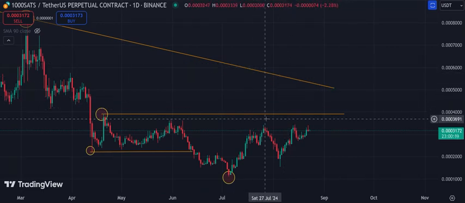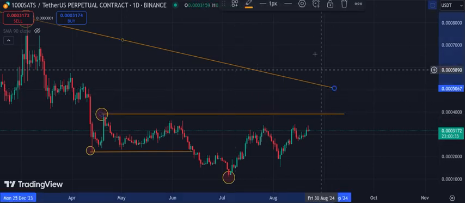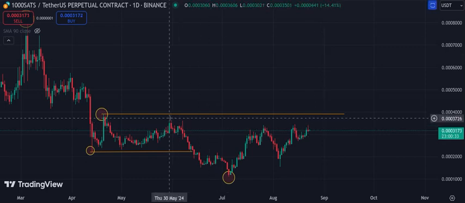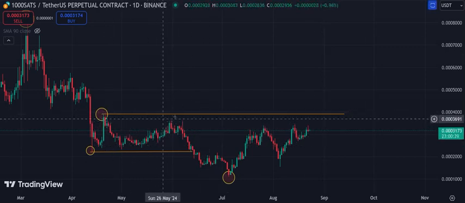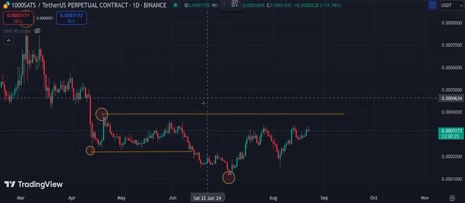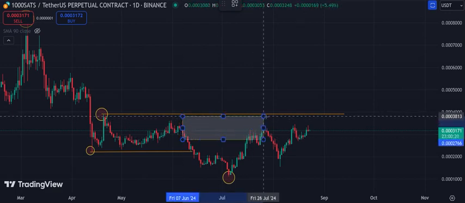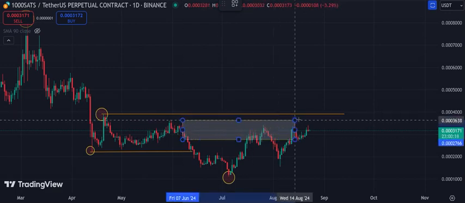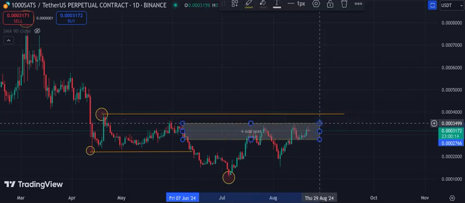And before this high, let me take this off. Before this high, there is nothing else except for this candle here, this bearish candle, which is taking all these parts to itself.